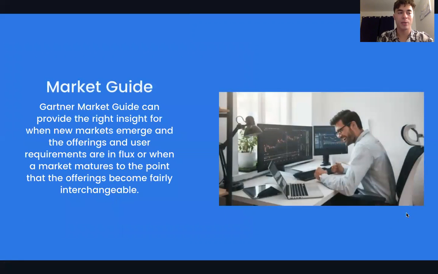In our next slide, we have our market guide. And so for our market guide, we provide insight to manage risk when investing in emerging markets. And we provide an understanding of potential evolution of those markets for our customers. It's pretty simple. Other than that, there is a brief description on the left as well.